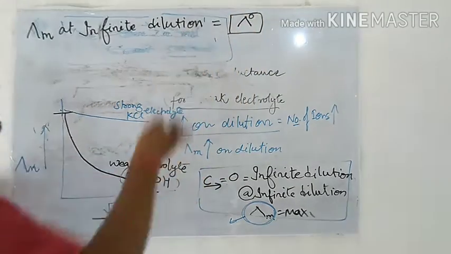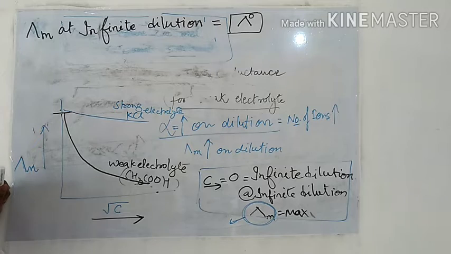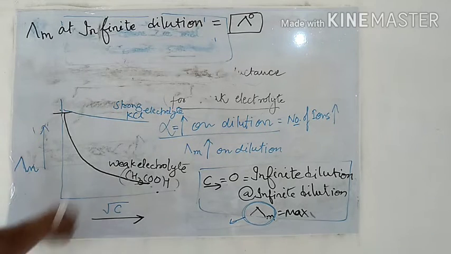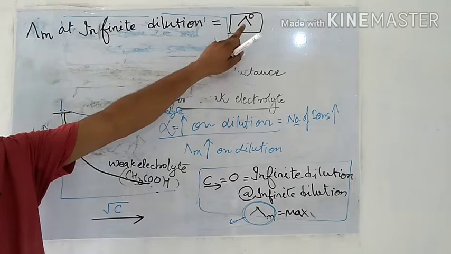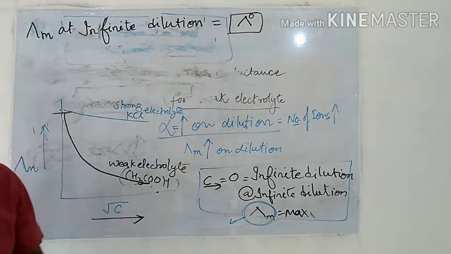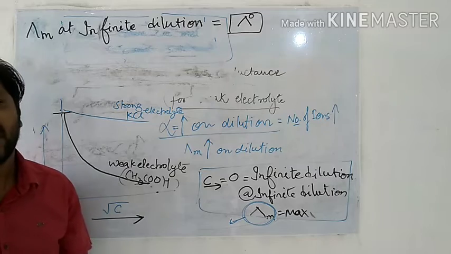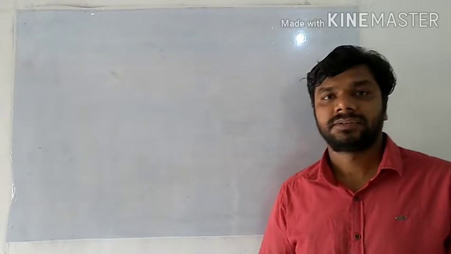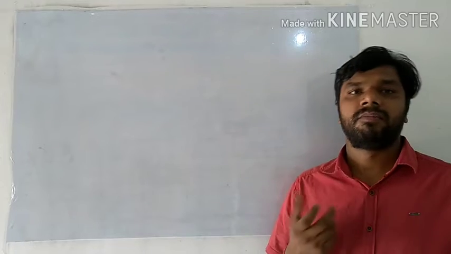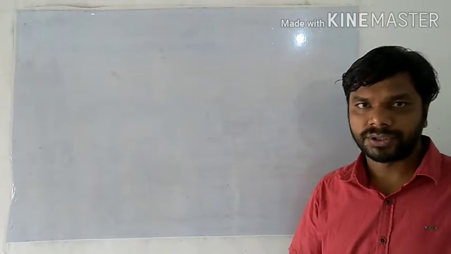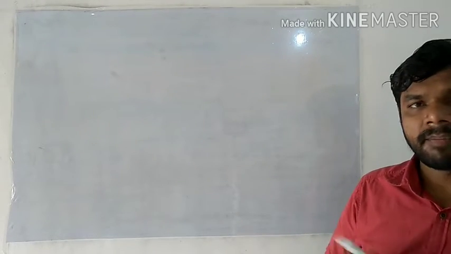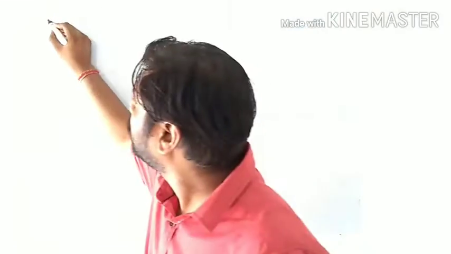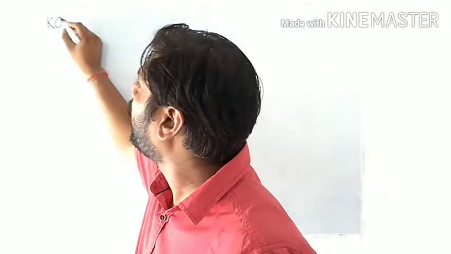Here we are using a different symbol, called lambda naught. Lambda naught means molar conductance at infinite dilution is denoted by this letter. And now we will see the application of molar conductance at infinite dilution. Now we will see some of the uses of molar conductance at infinite dilution. First, there is a very important law about it, called Kohlrausch law.